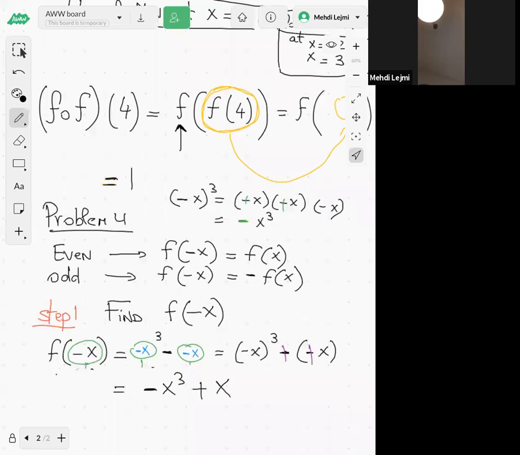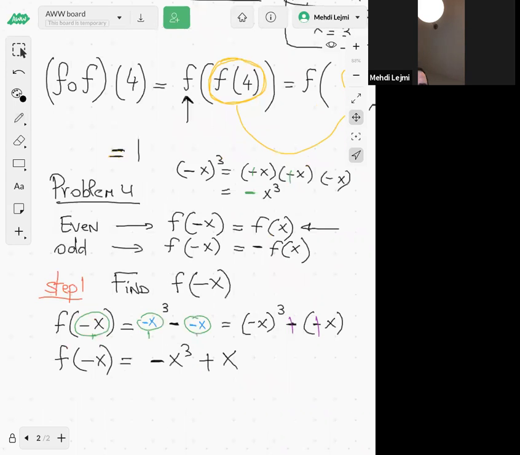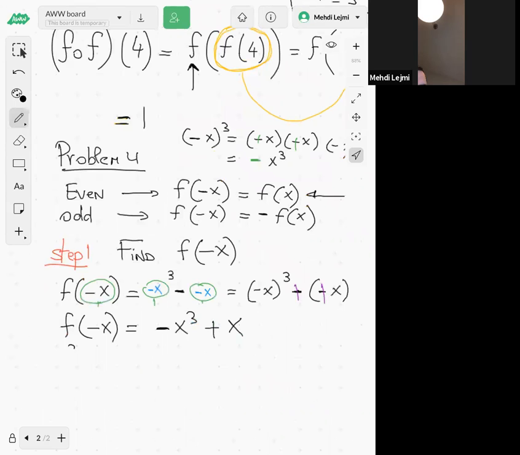Okay, this is f of minus x. Now, in order to be even, f of minus x must be equal to f of x. And if you check f of x, let me write it down here again. So what's f of x? F of x is x cubed minus x.